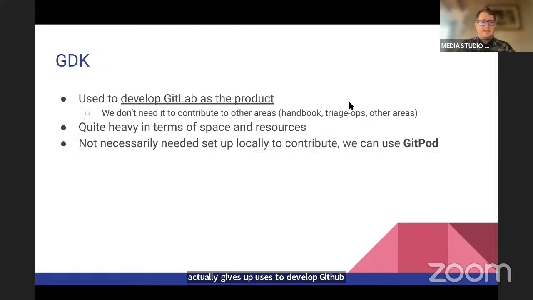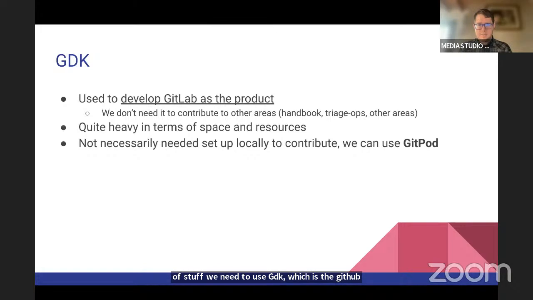So let's start. GDK: to contribute to GitLab as a product, the GitLab that we always use, for example the web UI, time tracking, project management, and all those kinds of things, we need to use GDK, which is the GitLab Development Kit.